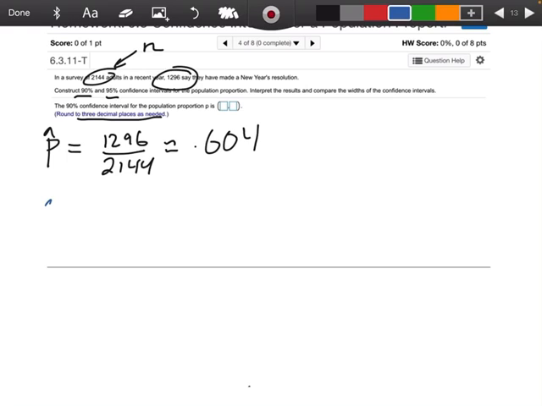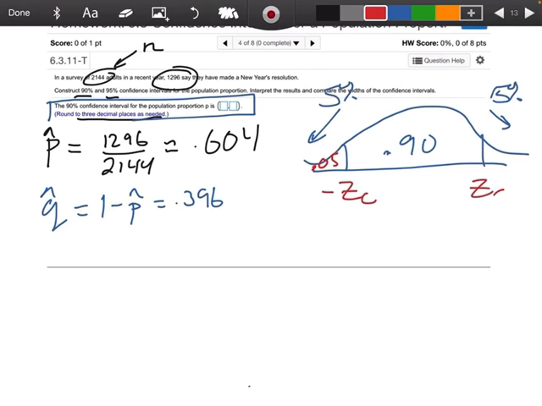As a decimal, the area underneath this tail is going to be 0.05. Remember, I need to find my 2 critical values. One's going to be negative, one's going to be positive. I'm going to use my inverse norm feature, because I know the area here is 0.05.